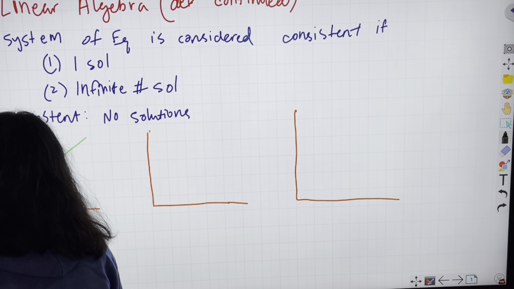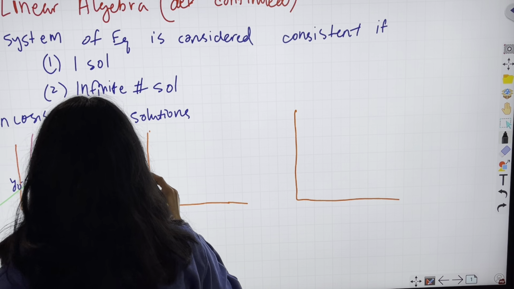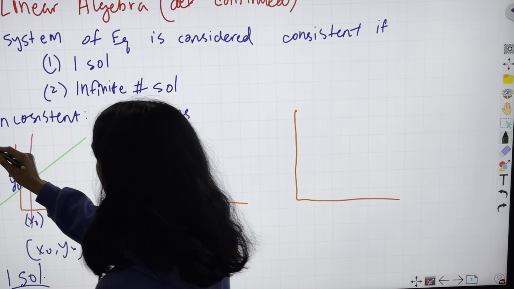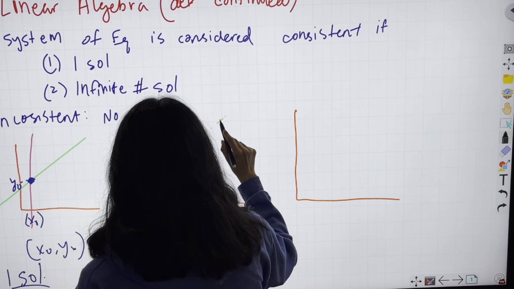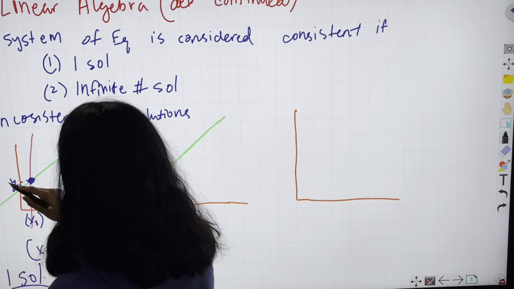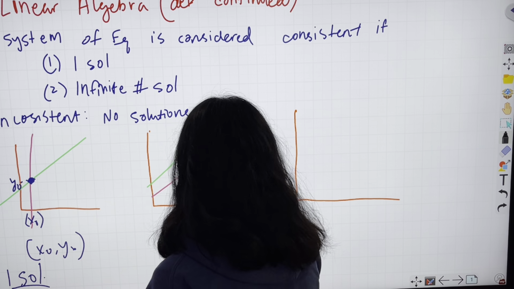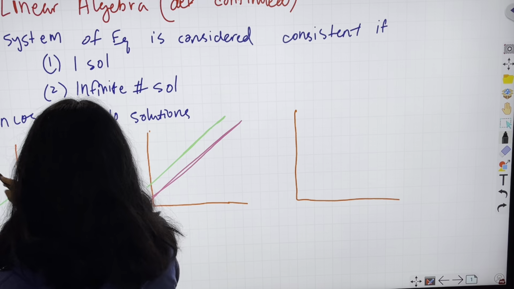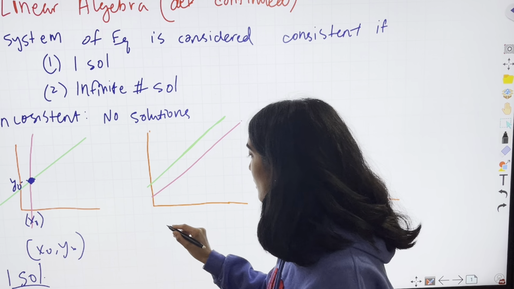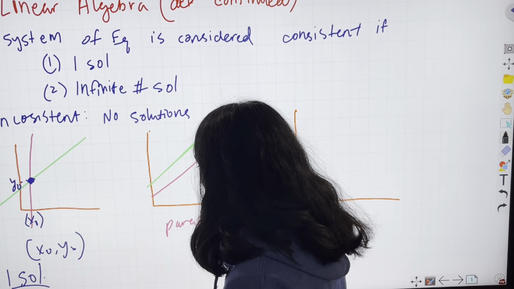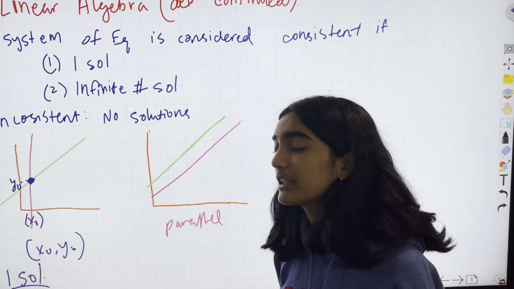Okay, so this is what it looks like when there's one solution. When you want to see no solutions, so when it's inconsistent, then you can have a line that looks like this, but you have another line that looks like that. Okay, so these are parallel lines. So these are never going to meet.